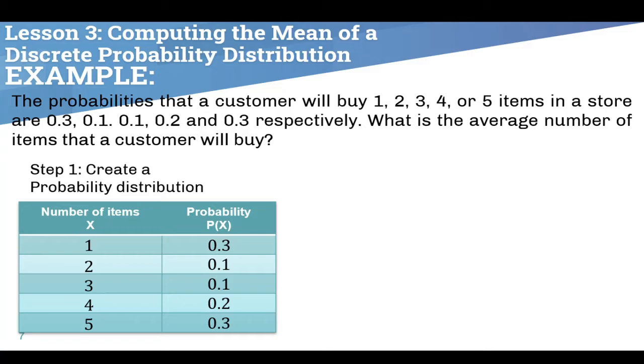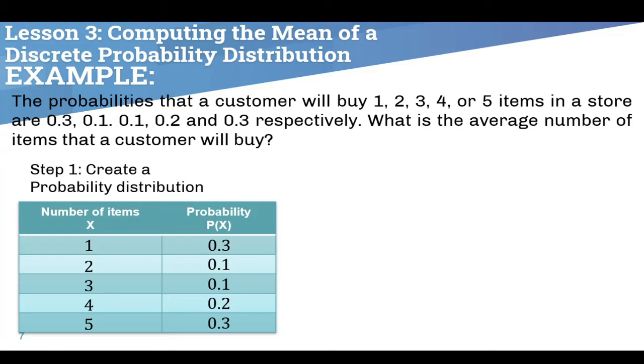Sir, paano pag napagpalit ko yung probability saka yung number of items? Malaki yung chance na magkamali kayo. So, take note, be careful sa paglilista, okay? Since respectively ang nakalagay dito, ganun din ang pagkakasunod-sunod sa probability. Kuha ba? Okay, good.